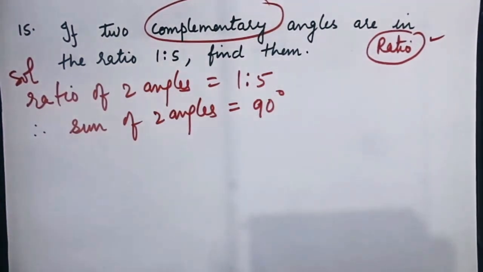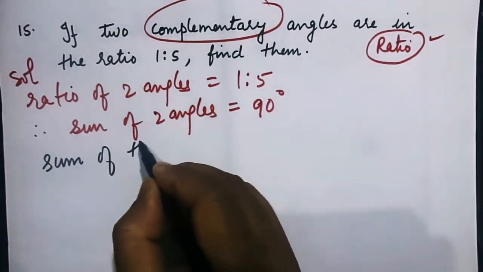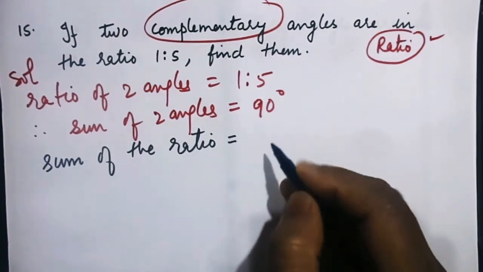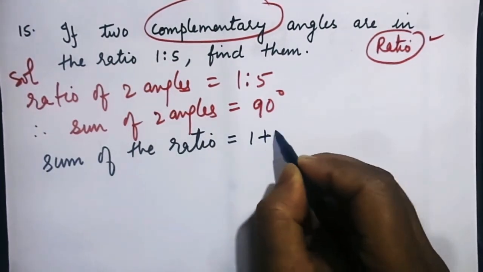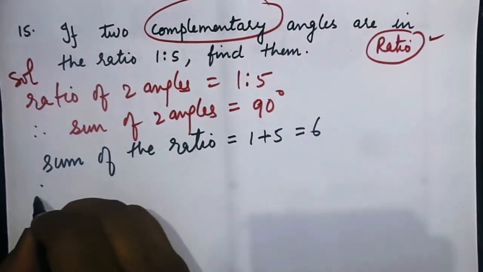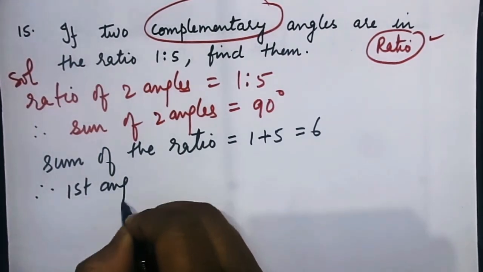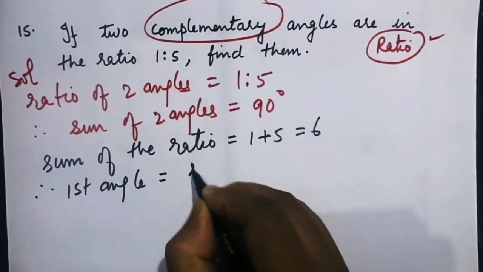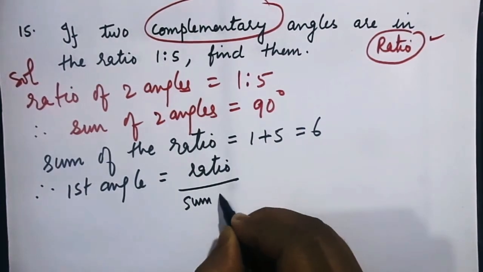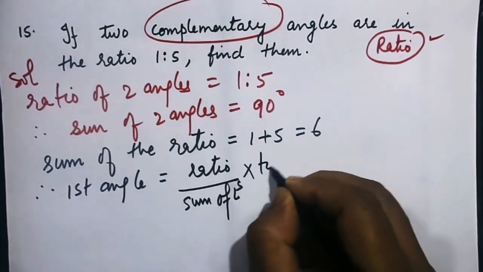So how to solve? Sum of the ratio is equal to 1 plus 5, which is 6. Just remember, how do we find the first angle? We find it this way: ratio by sum of ratio, multiplied by total value.